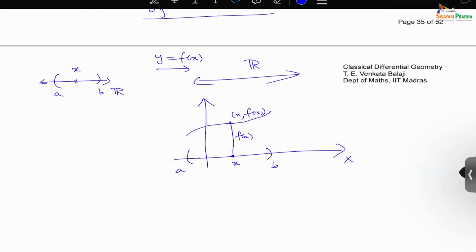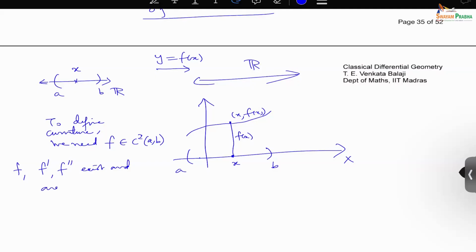So if you look at this, we need to define curvature. We need f is C2(a,b). What does this mean? It means f dash, f double dash exist and are continuous on the open interval (a,b).